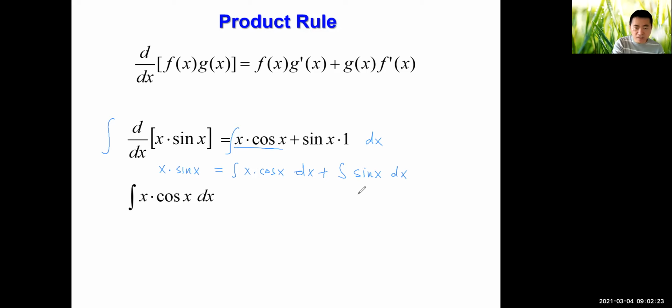And now you have the antiderivative of x cosine x dx there. If you subtract the other term over, you would have x sine x minus the integral of sine x.